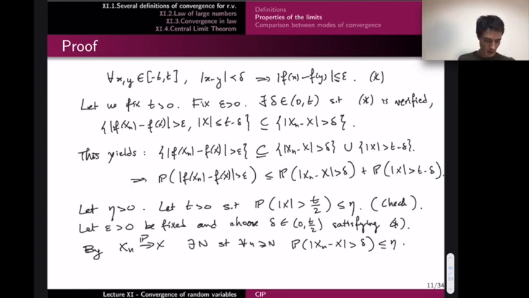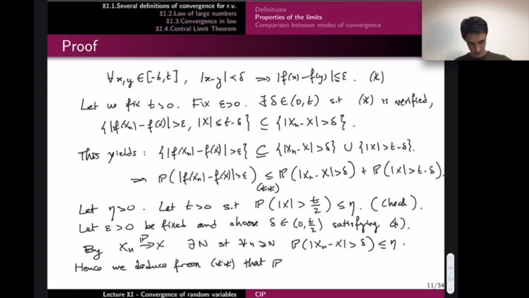Hence, calling this double star, we deduce from this inequality, from double star, that the probability that |f(xn) - f(x)| is greater than epsilon is smaller than the following.